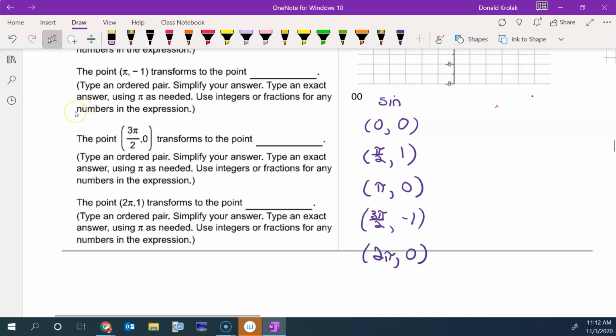If your graph is a cosine, you're writing down these 5 points.